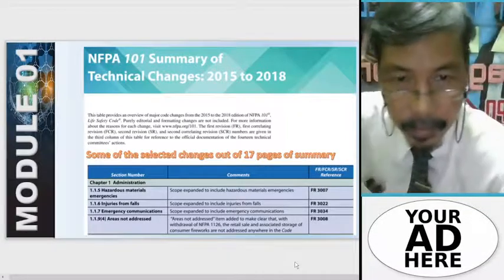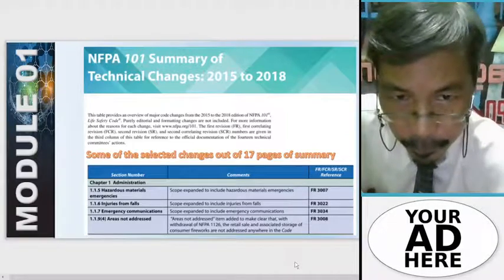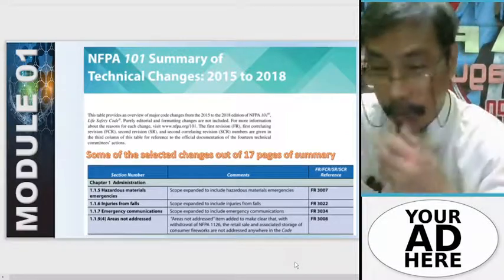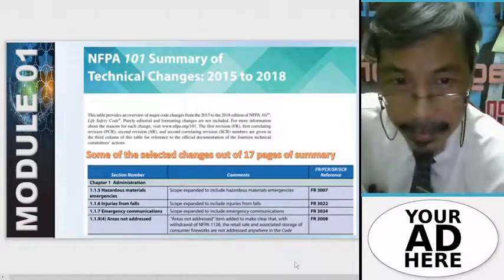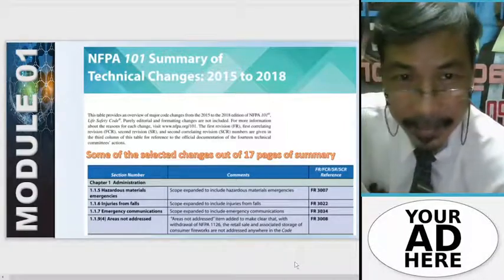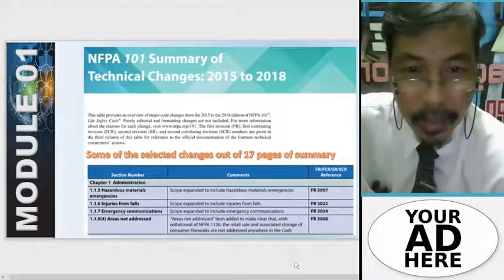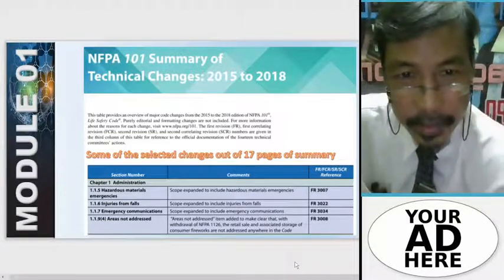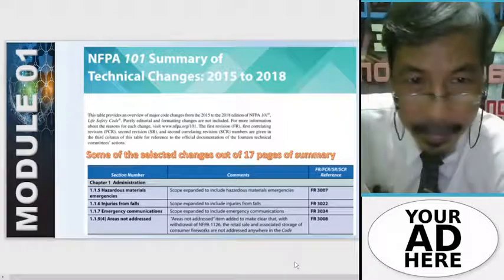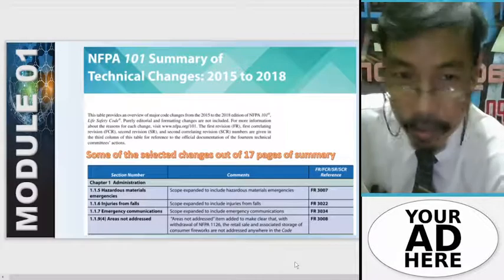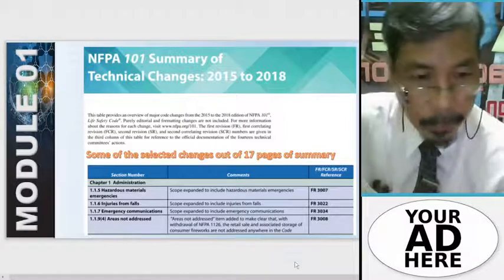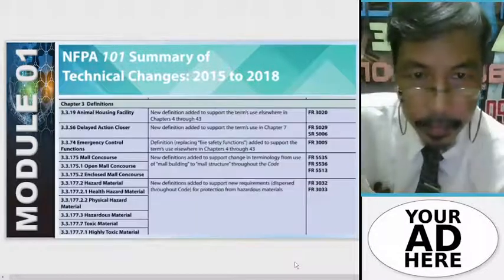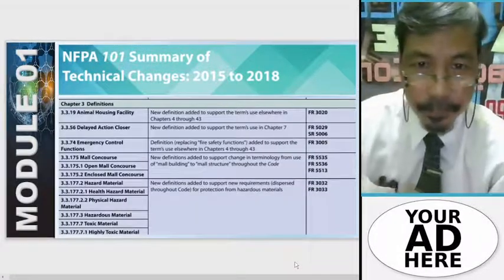So there are actually 4 areas that are not addressed in NFPA 101. The fourth one is the retail sale and associated storage of consumer fireworks. So let us continue.